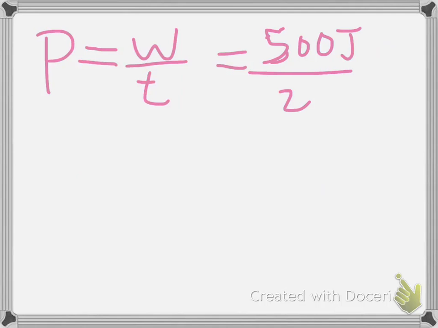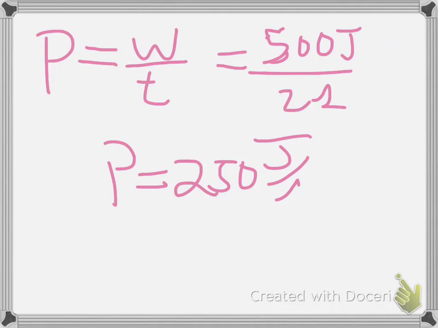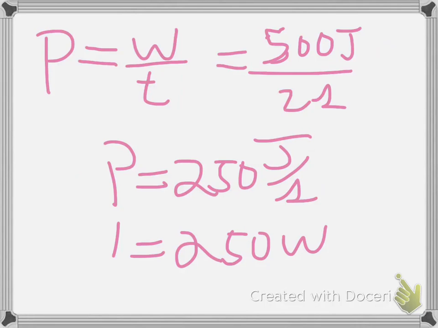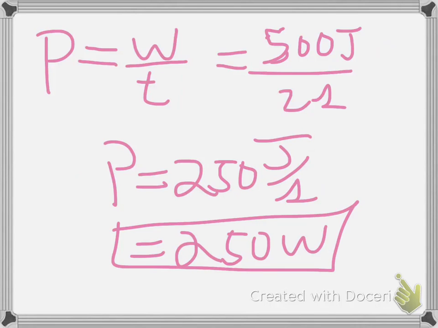Our time was 2 seconds. So that means our power is 250, and it can be a joule per second, if you don't remember what the units of power are, or 250 watts. Now this power is a little bit different than electrical power. We'll get to electrical power when we get to the electricity unit.